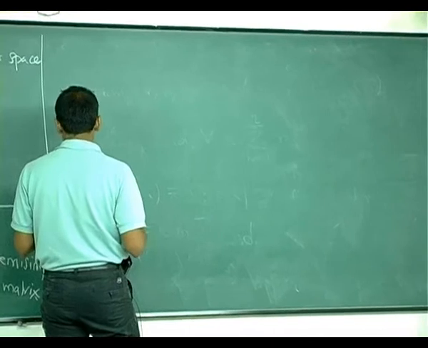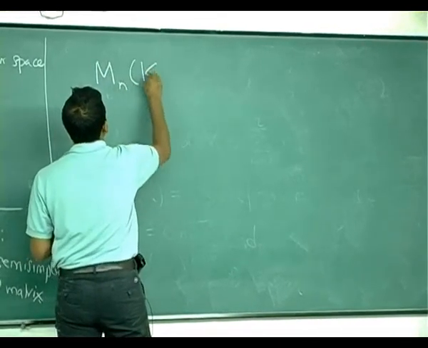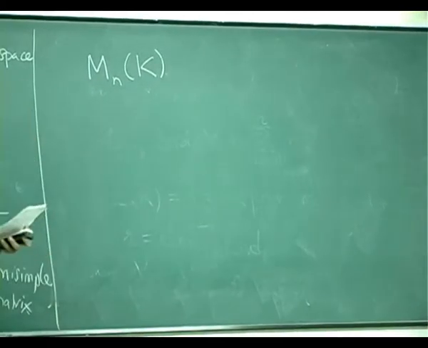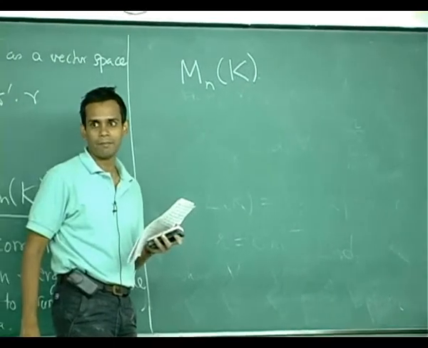Okay, let's look at the simplest matrix algebra. Suppose we have just this M_n(K). Let's try to understand its simple modules.